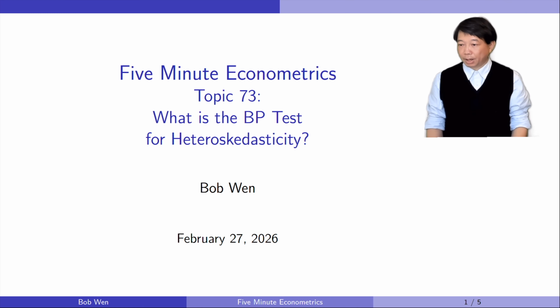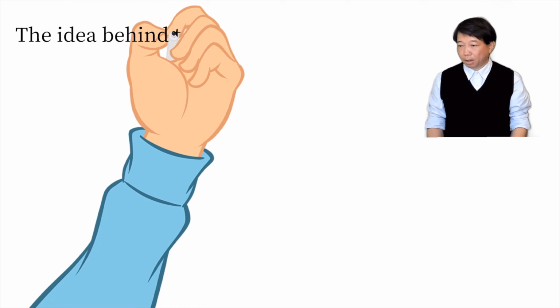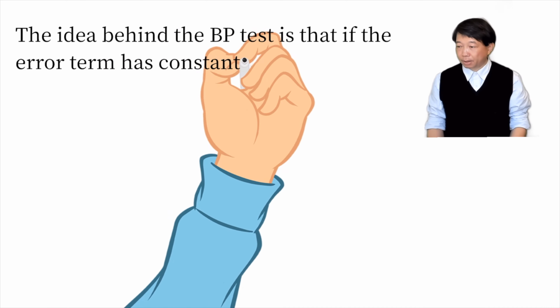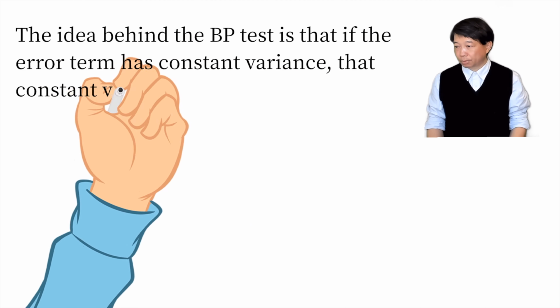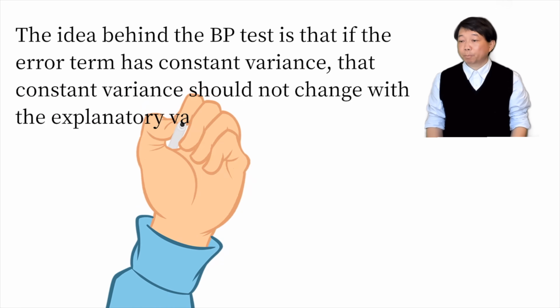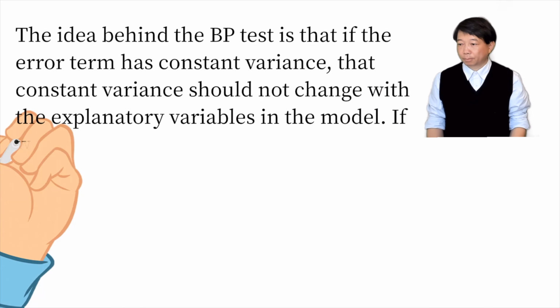BP test stands for Breusch-Pagan test. It is used to test whether the model exhibits heteroskedasticity, that is, the error variance is not constant. The idea behind the BP test is that if the error term has constant variance, that constant variance should not change with the explanatory variables in the model.